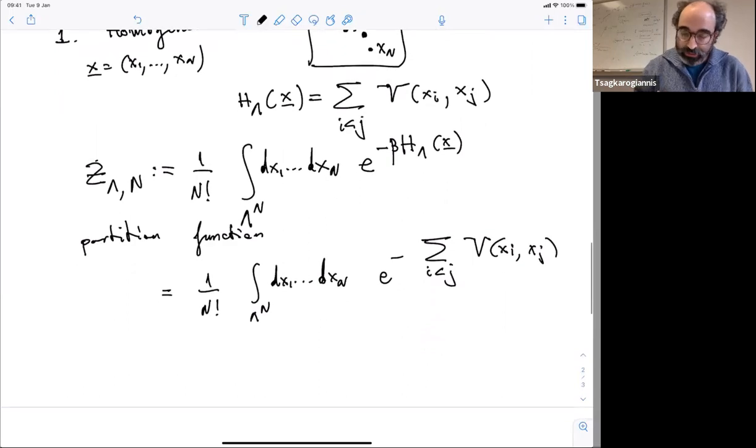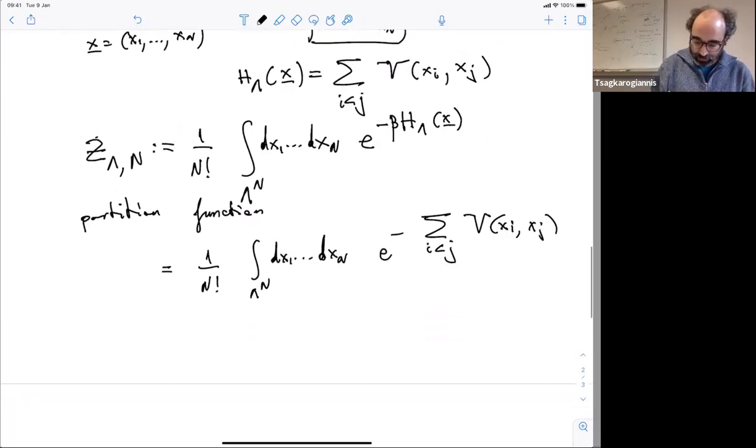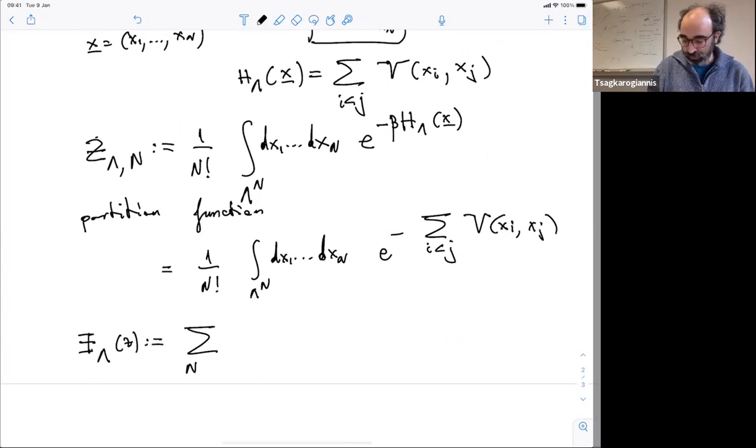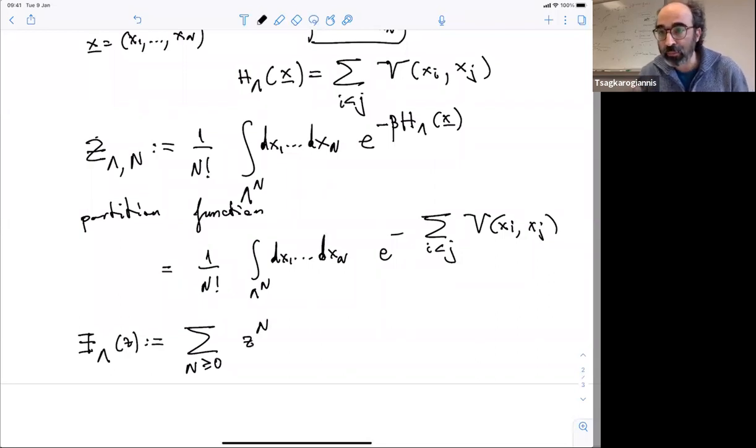Okay, so this is the so-called canonical partition function, because you fix the number of particles. And there is another, the grand canonical partition function, in which you introduce a control parameter, z, which is the activity, and it is the sum over all possible numbers of particles. So it's just adding a Lagrange multiplier, if you want.